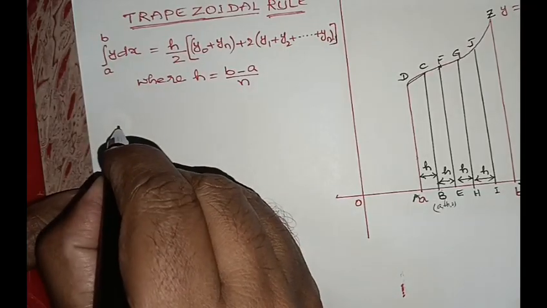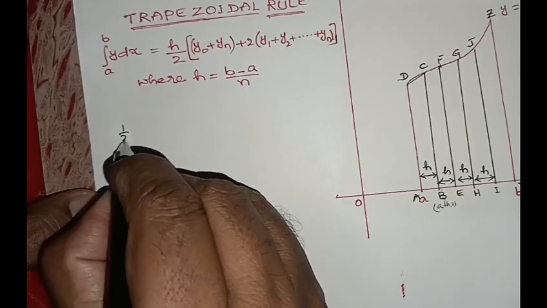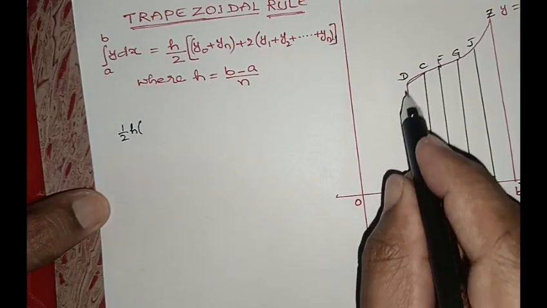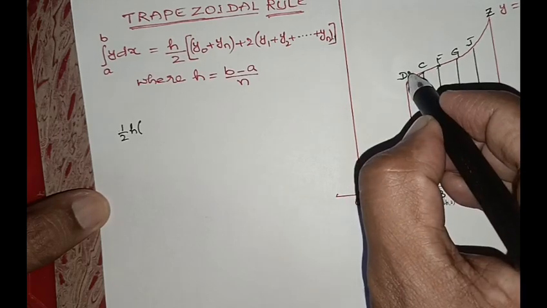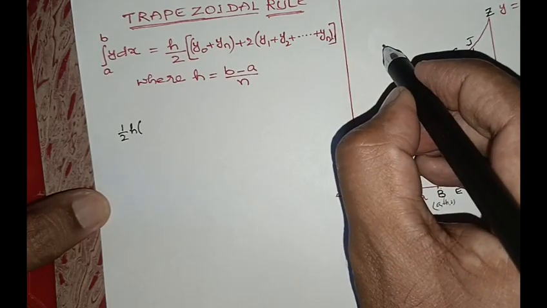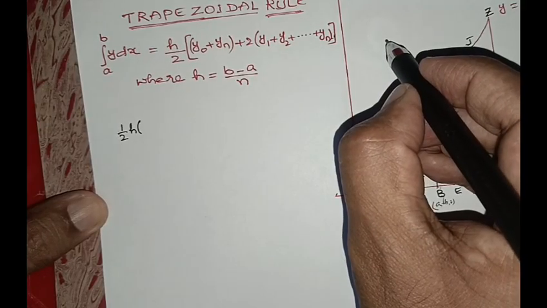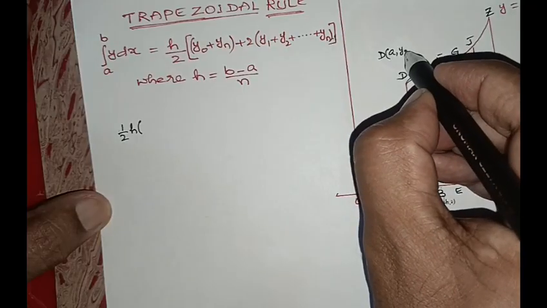So the first area is half h into this side. The coordinates of D, as I have already shown, are a comma y naught.